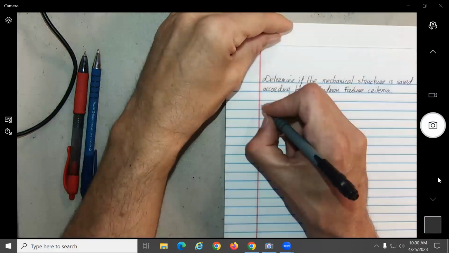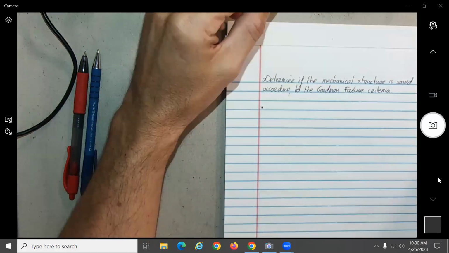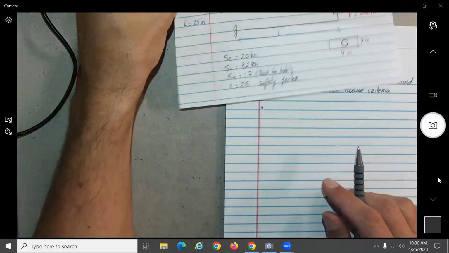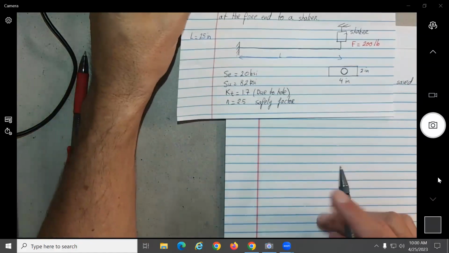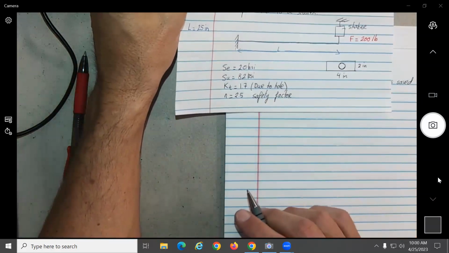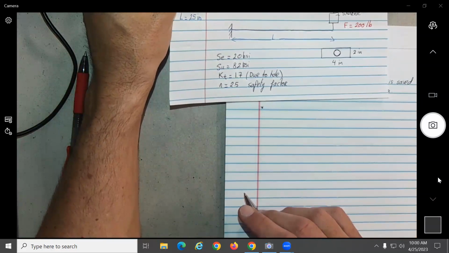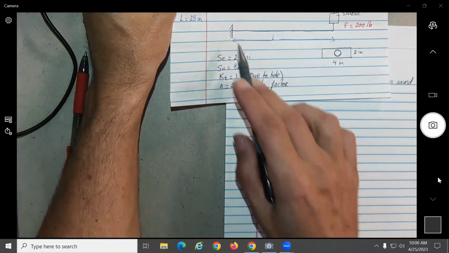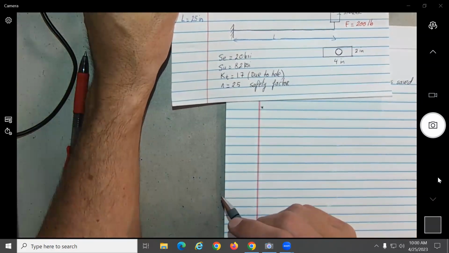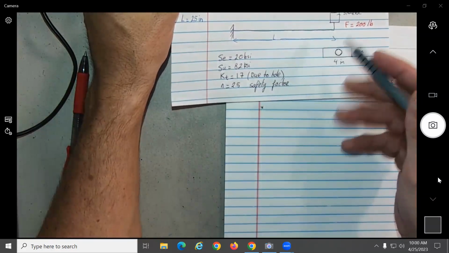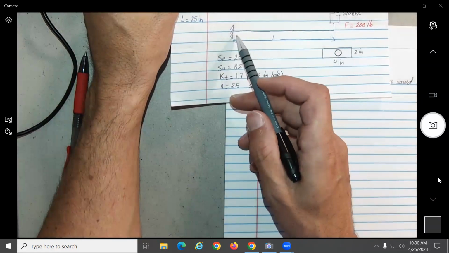Okay, so what do we need to find out here? What is the first thing? First, where is the location? If this beam is going to break, what is the critical location where it might break? At the wall, no? I mean, it might be detached, but if it's going to fail, it's going to fail at this location.